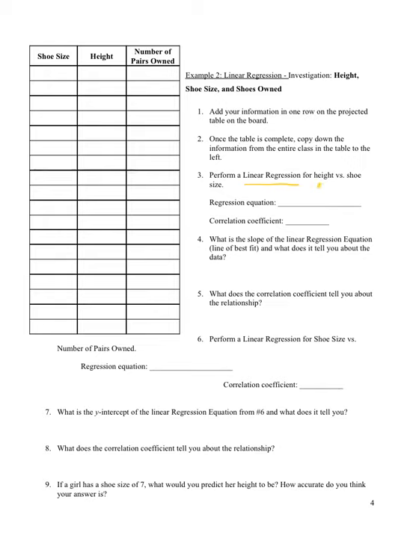So I could maybe say height versus shoe size, or later shoe size versus number of pairs owned. So you have to be able to switch back and forth between which you're entering as X, your independent variable, and which you're entering as Y, the dependent variable.